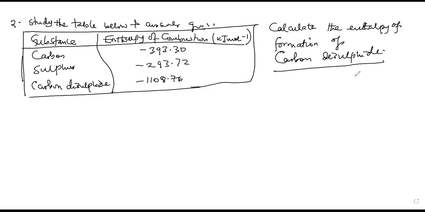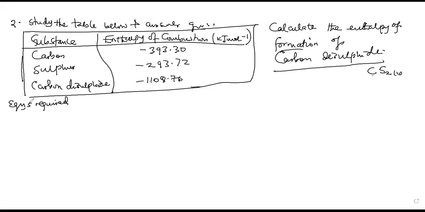I've not given any equation, so we have to generate the equation ourselves. Carbon disulfide is CS2, and this is a liquid. For enthalpy of formation, we are forming 1 mole of carbon disulfide from its constituent elements, carbon and sulfur.